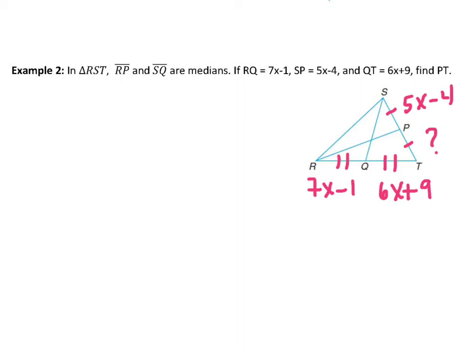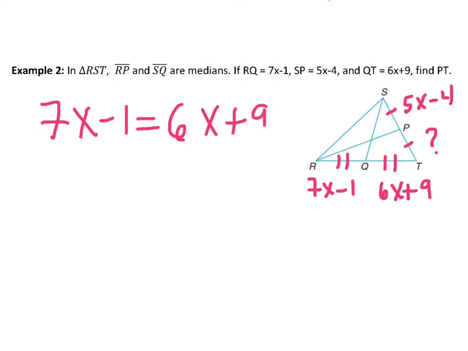Now that I've indicated all of my given information on the diagram, I can easily set up my required equation. So let's set the length of RQ equal to the length of QT. Here we go. So I have that 7x minus 1 is equal to 6x plus 9.